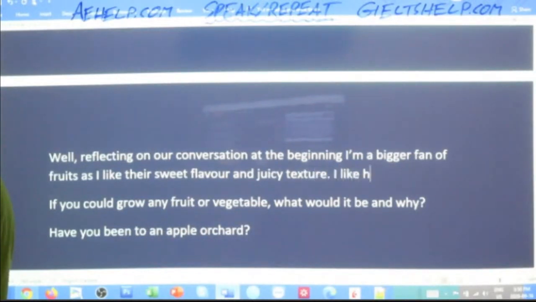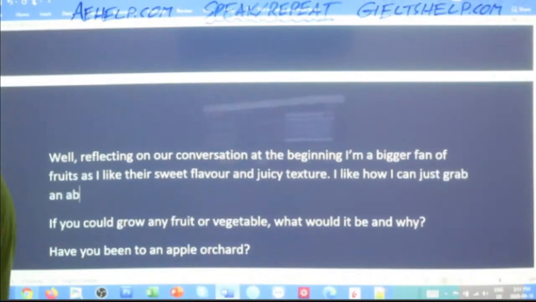I like how I can just grab an apple off a branch and bite right into it.